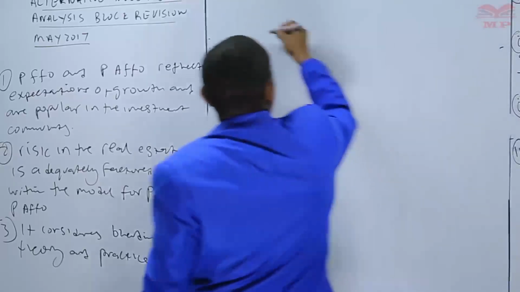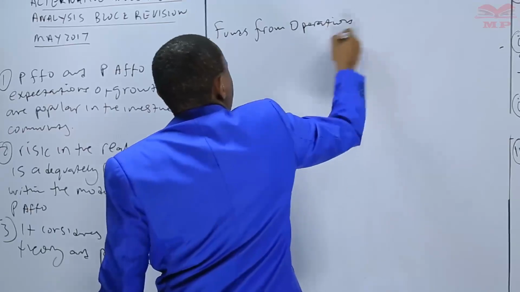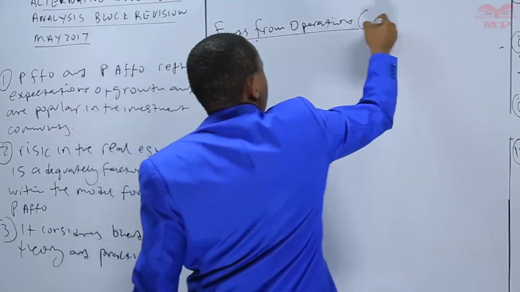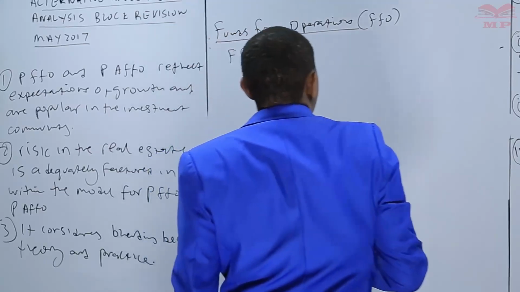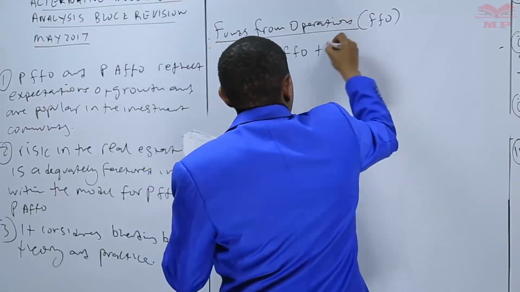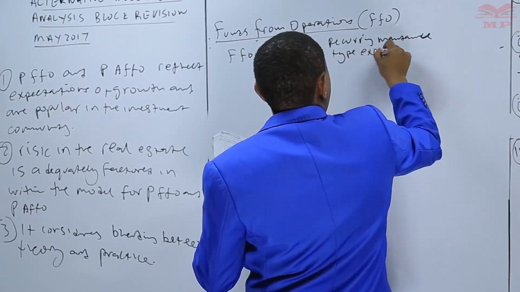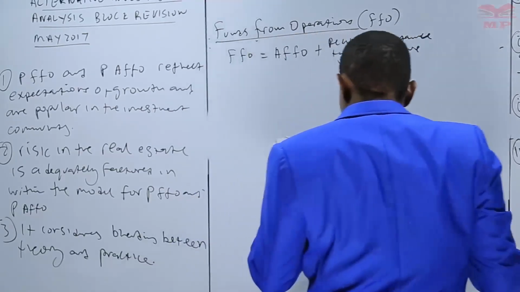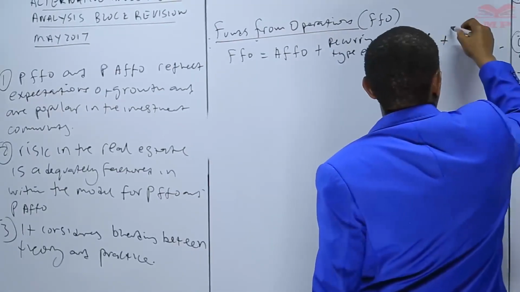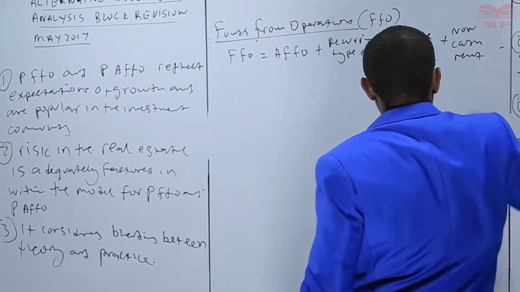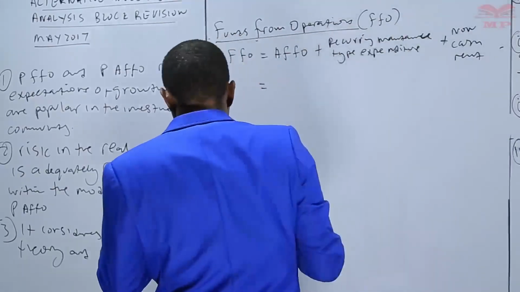The FFO is given as AFFO, or adjusted funds from operations, plus recurring maintenance-type capital expenditure, if there is any, and then we also add non-cash rent.